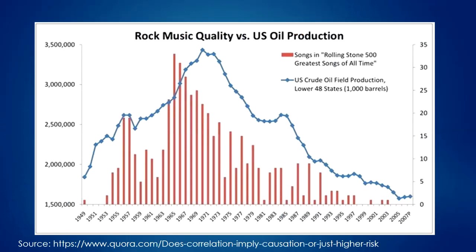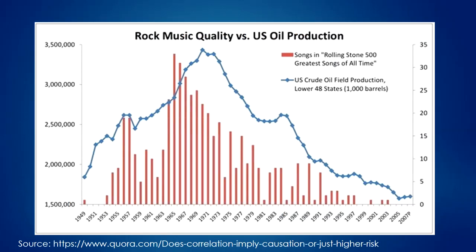So here's an example of something that has a pretty high association. This shows the blue line is US crude oil field production in the lower 48 over time. And then the red bars represent the number of songs that showed up in Rolling Stone's 500 greatest songs of all time by year.